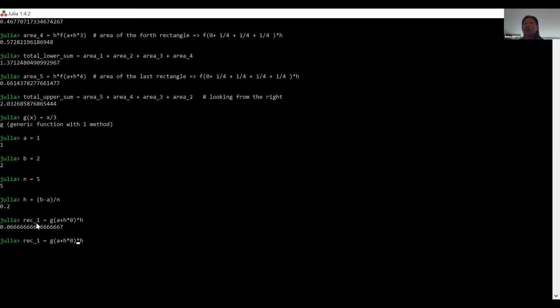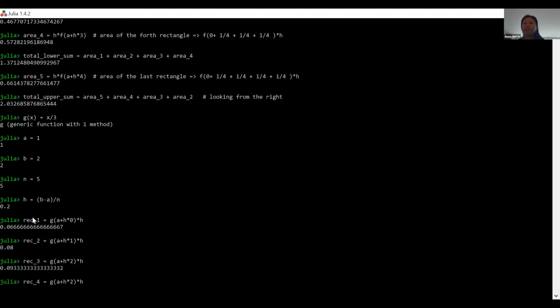Next one, I'm gonna change that into 1. And that's my second rectangle. This is my third rectangle. I've got to find 5 of them.